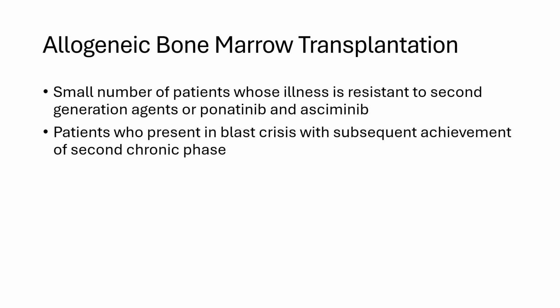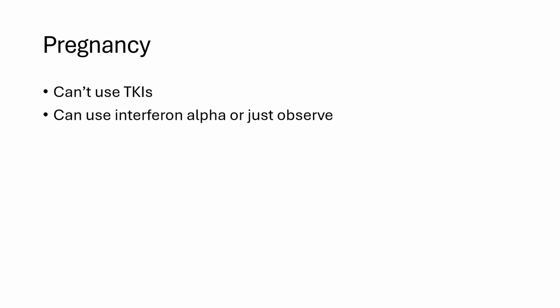At that point, you can also consider bone marrow transplantation, in addition to the other indication being resistance to the TKIs. In pregnancy, you can't use TKIs. You have to use interferon alpha, or you just observe. It's pretty unlikely.